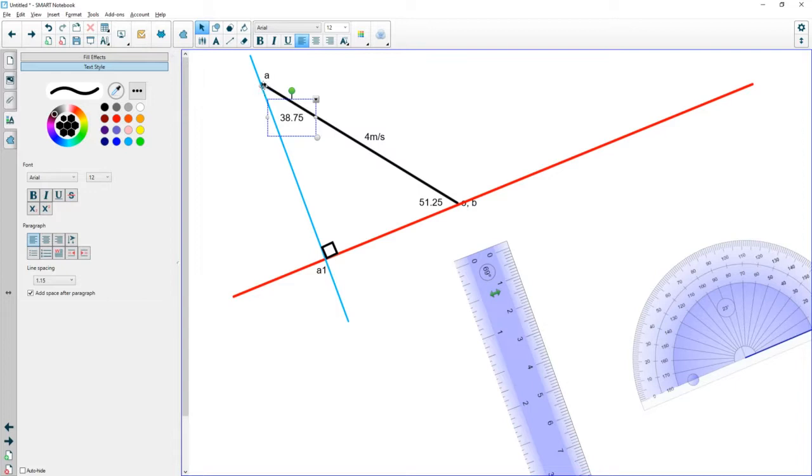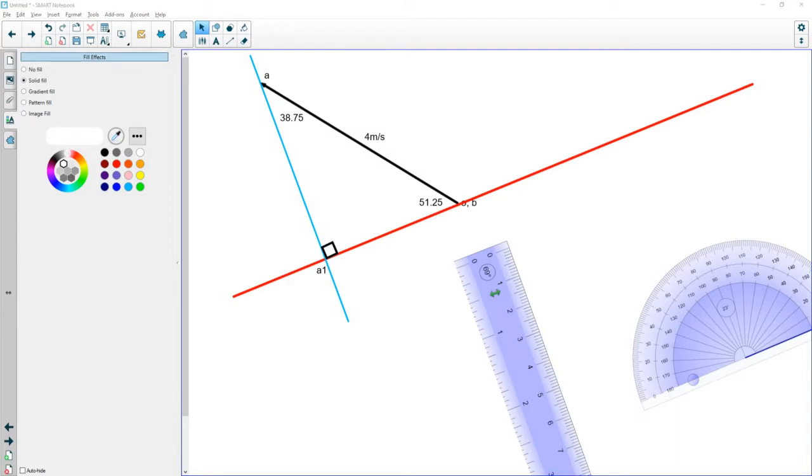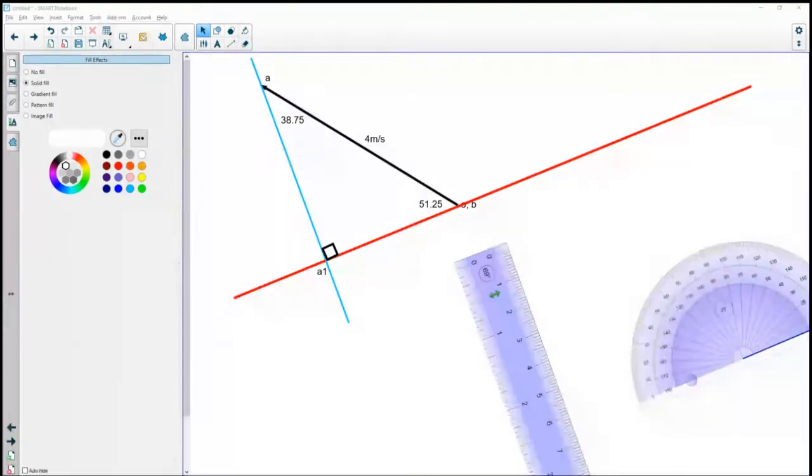Now if I'm after this length A to A1, then I can use simple trigonometry, SOHCAHTOA, to say that 4 meters per second times the cos of 38.75 is equal to that length.